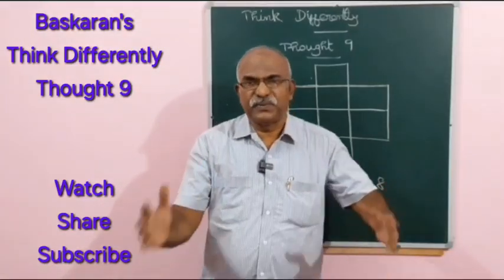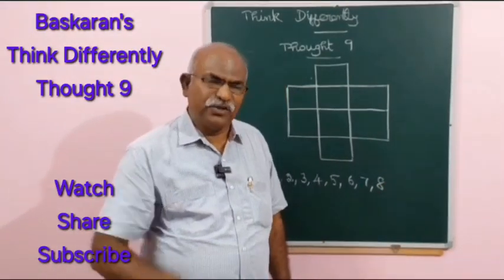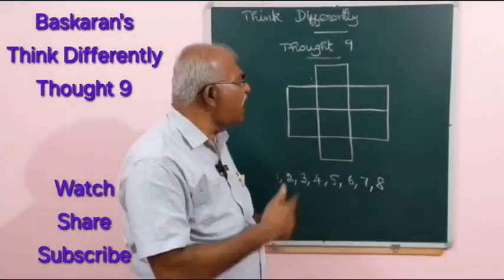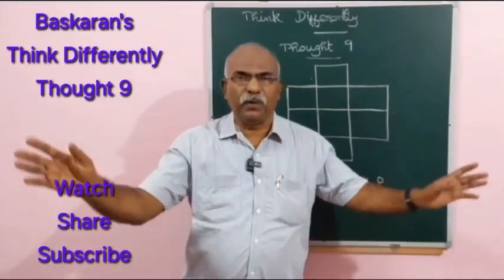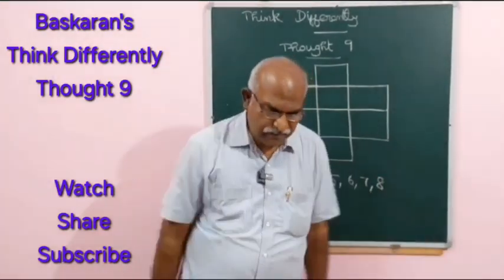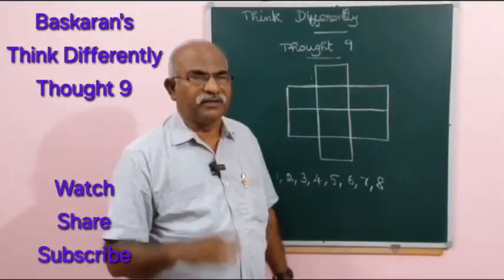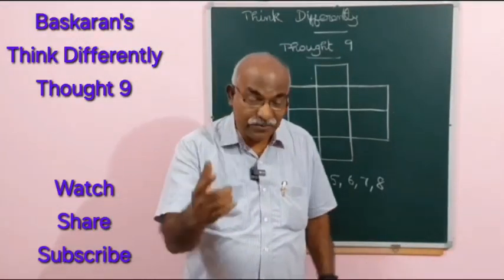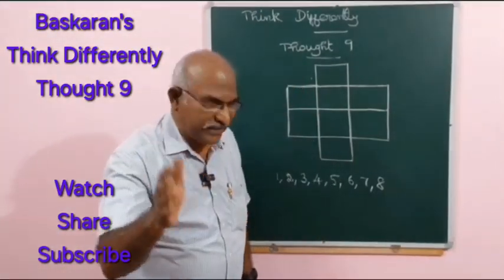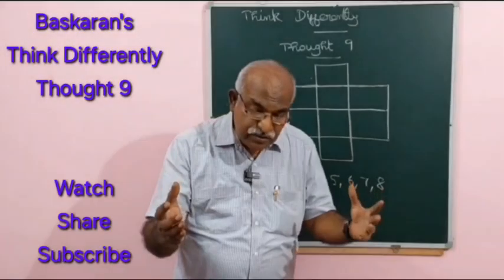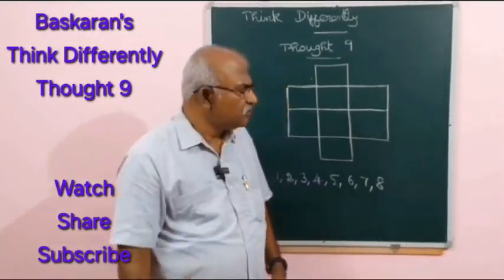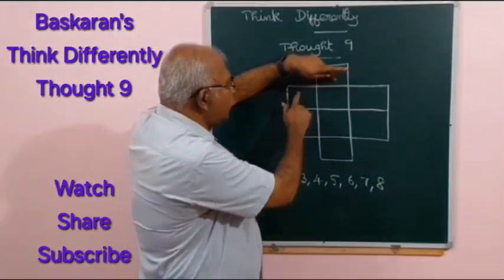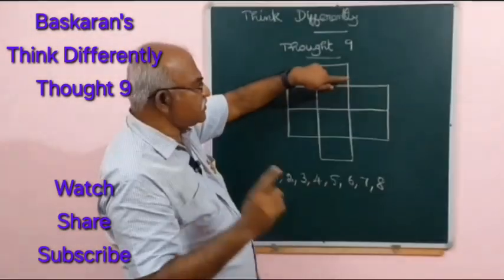Now, how to solve this puzzle? You may think that you can start at random. If you start at random, you will most probably end up in trouble. You have to think differently. What is there to think, you may ask? You have to think: are the 8 squares equally problematic? No. For this square, there are 3 neighbouring squares.